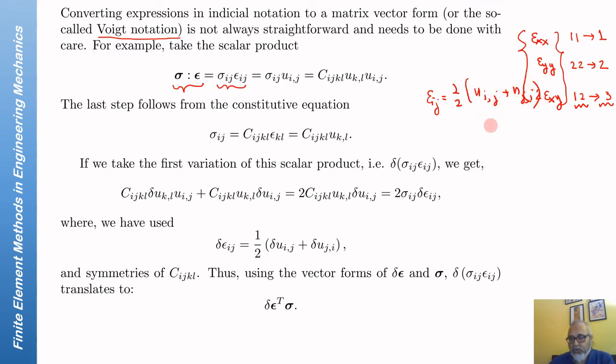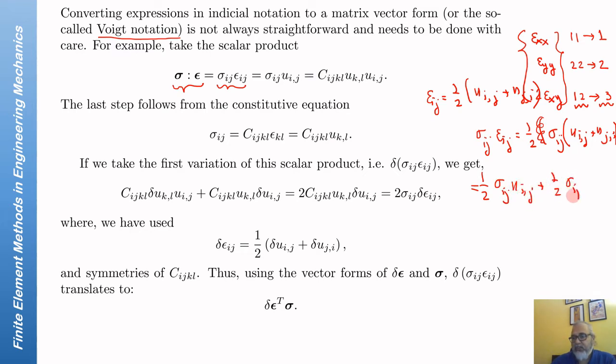So sigma ij epsilon ij is actually half of sigma ij times u i comma j plus u j comma i. So the right hand side is half sigma ij u i comma j plus half sigma ij u j comma i. I'm using indicial notation here.